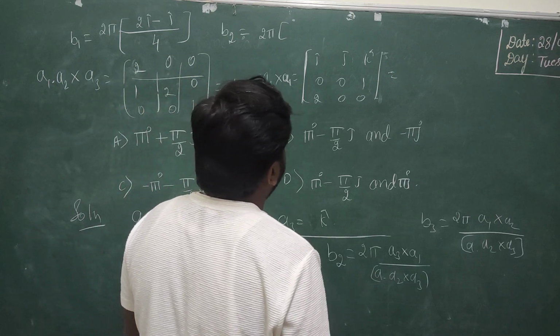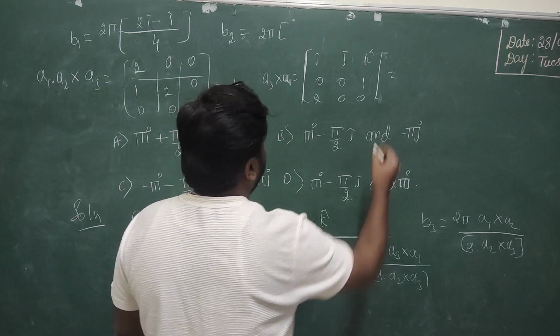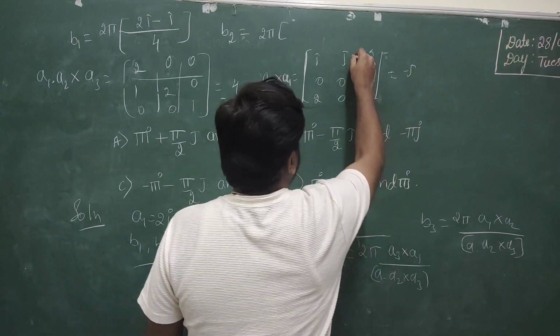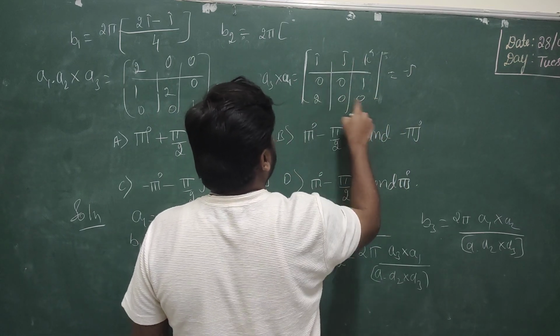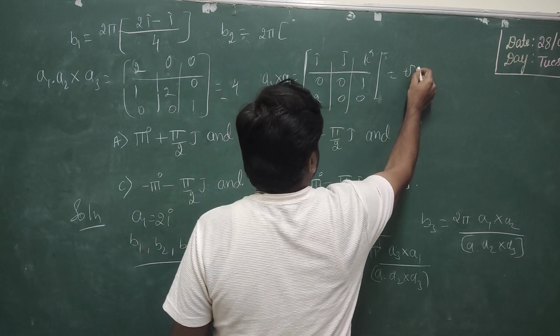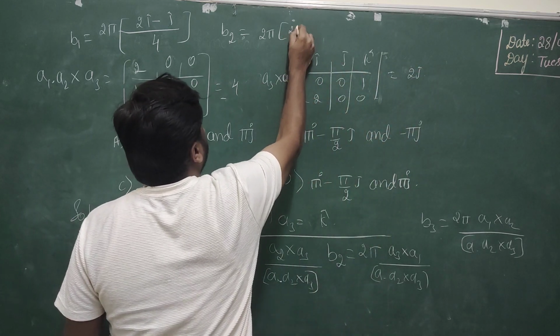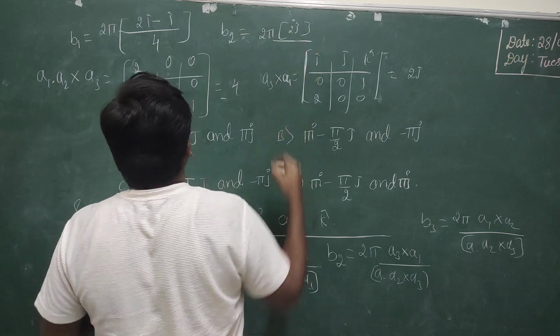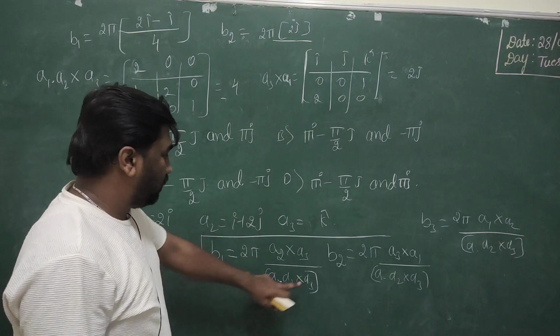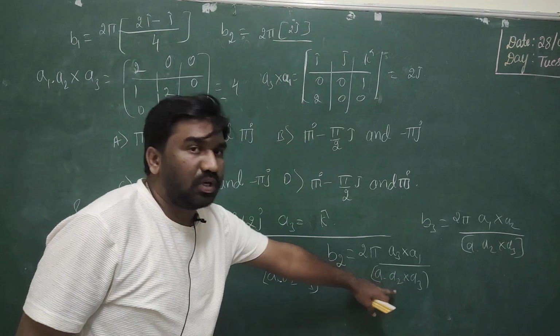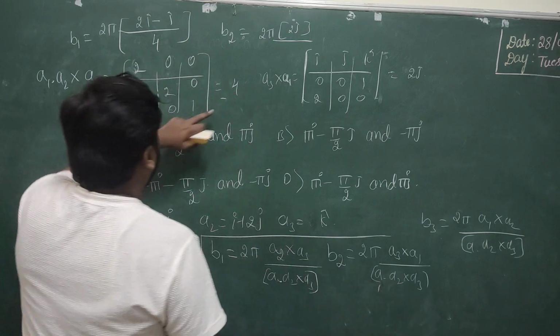This gives no i term, and minus j into 0 minus 2, so plus 2, giving 2j. Therefore 2j divided by A1 dot A2 cross A3, which is the same 4.